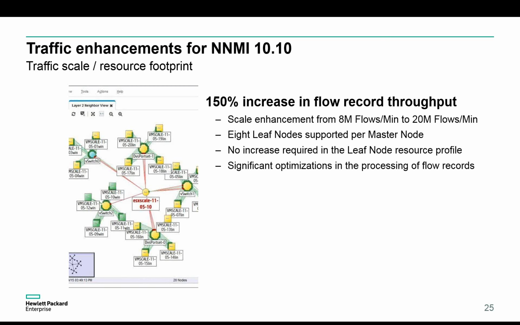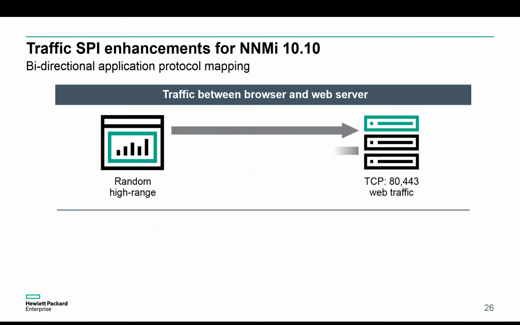By going in and looking at how we optimize the handling of our flow records in the leaf nodes, we've been able to increase our overall throughput to 20 million flows per minute in the same hardware footprint. So we're still supporting 8 leaf nodes for traffic collection to a traffic master, but our overall throughput now is about 20 million flows per minute in the same footprint. So we're pretty excited about that.